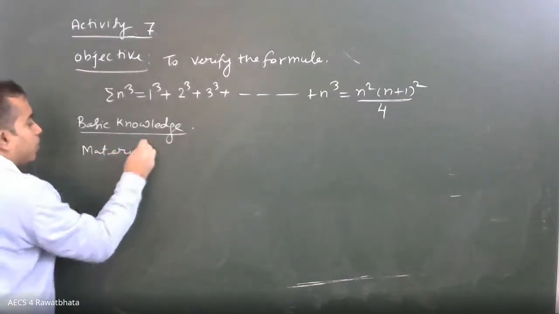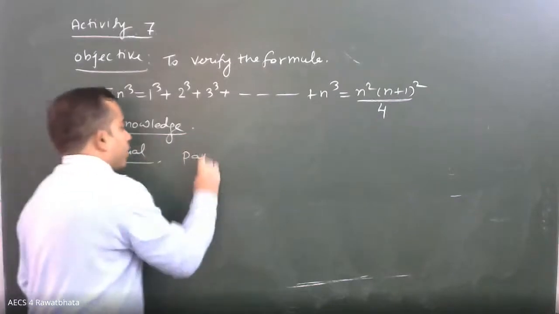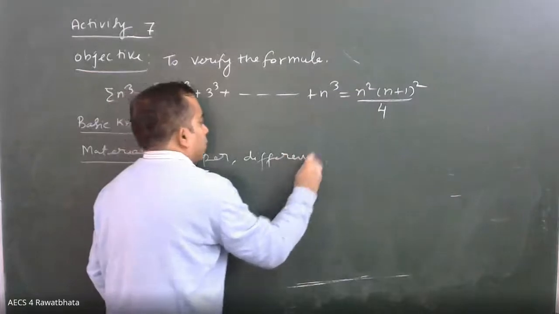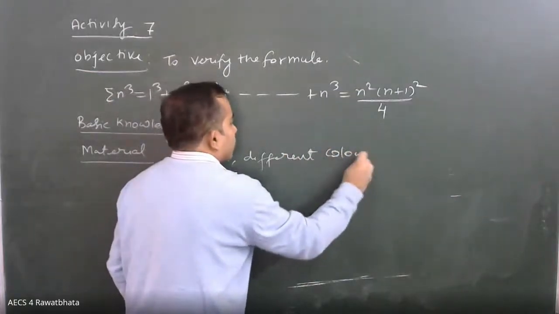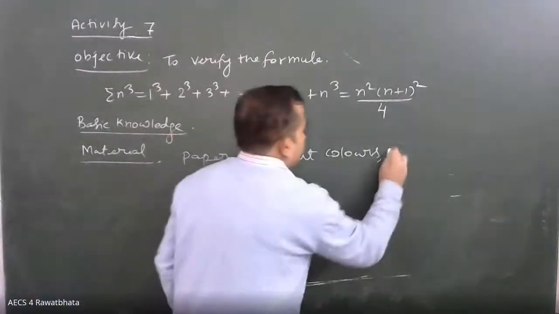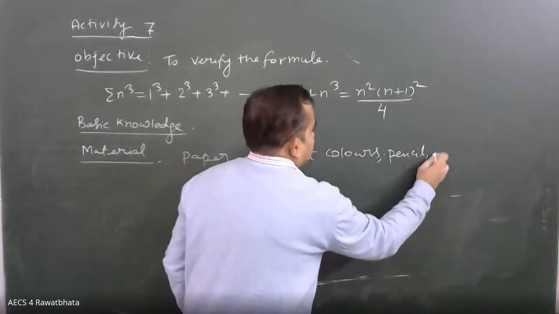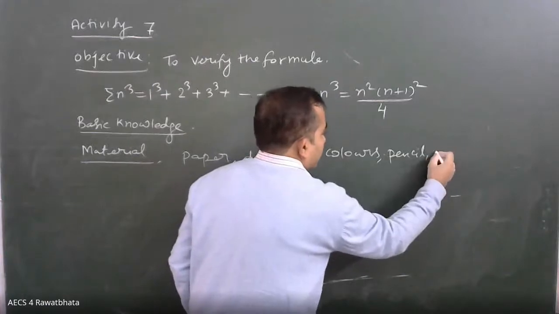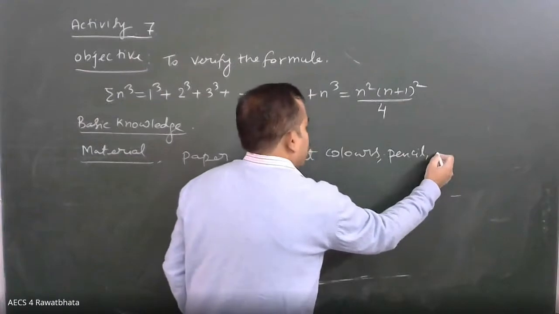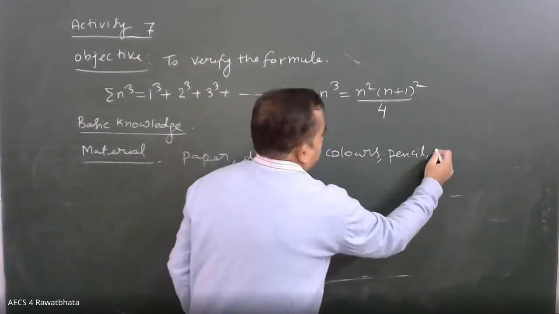You just need a paper and different colors, and a pencil, scale, etc. In the book, it was given that they are using balls to stick. We can simply put dots, and we will manage with that.